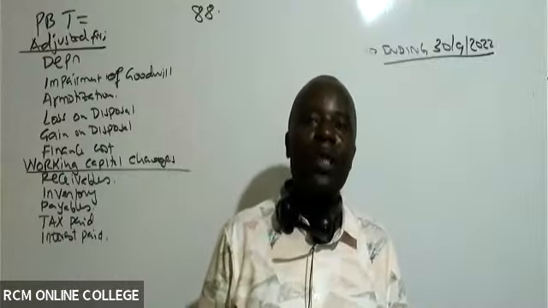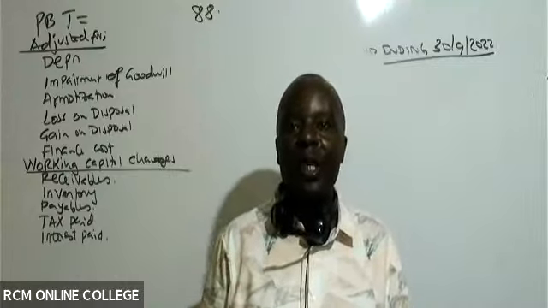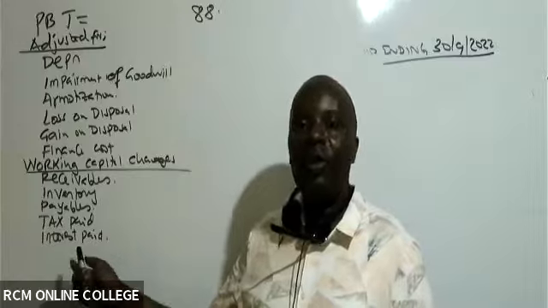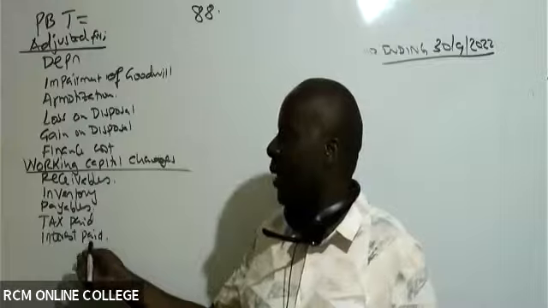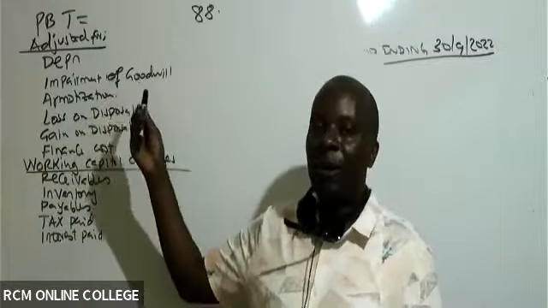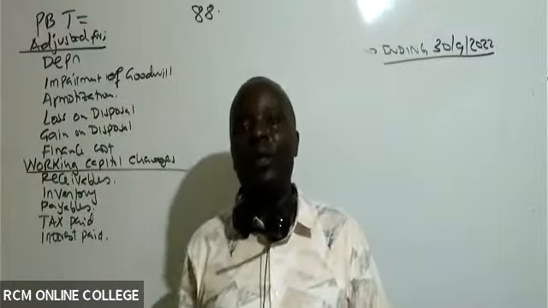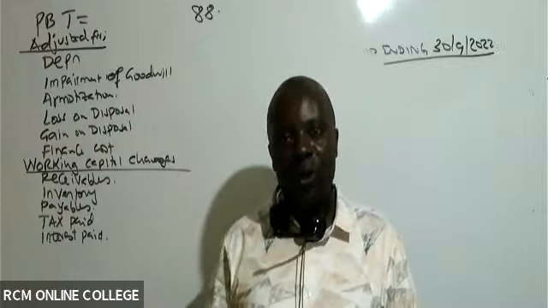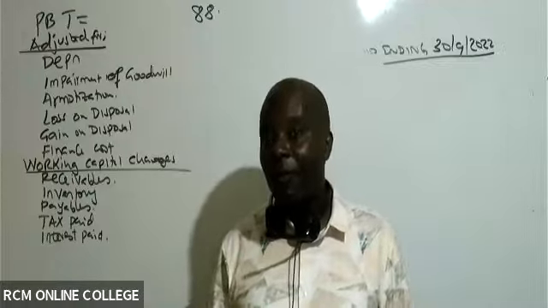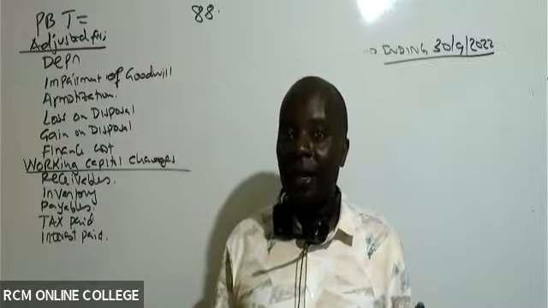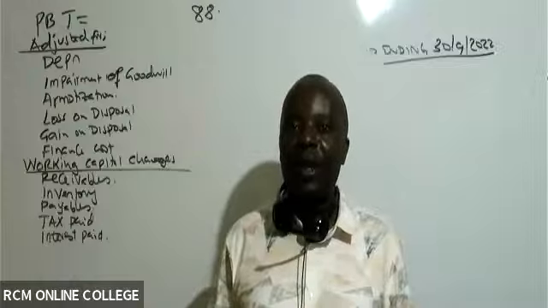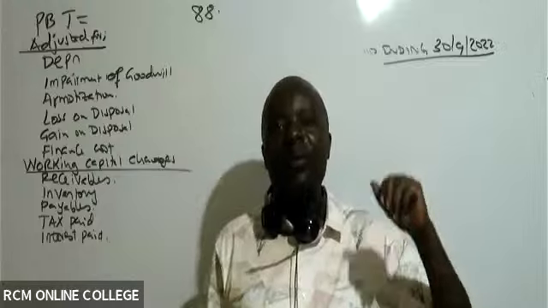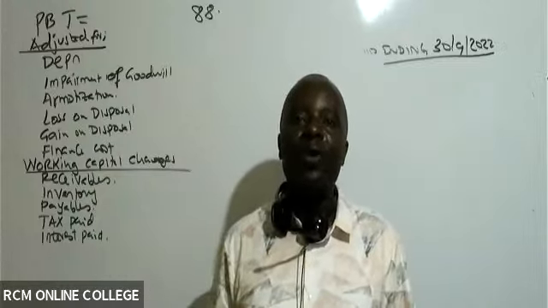Why do some scholars say we put it under operating activities? It's simply because, ladies and gentlemen, you can't operate without loans. If you're running a very, very big company, like, for example, RCM, which is thinking about having a primary school somewhere, you can't operate without loans.